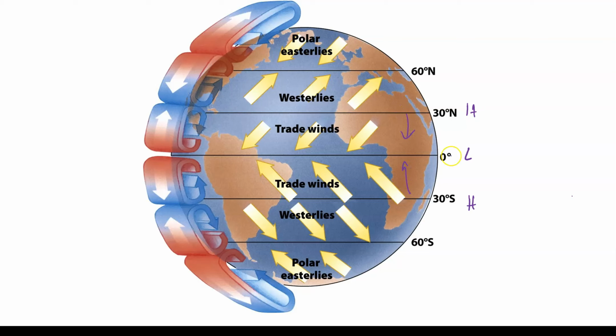Now, because at the equator, rotational velocity is higher, and in this case, the Earth would be spinning this direction, right? So if air moved from our high to our low, this at the equator is moving more quickly. It causes a sort of veering away.